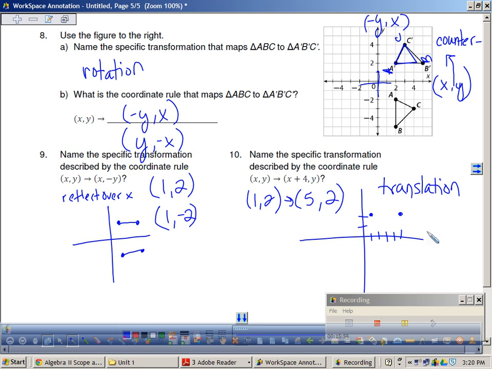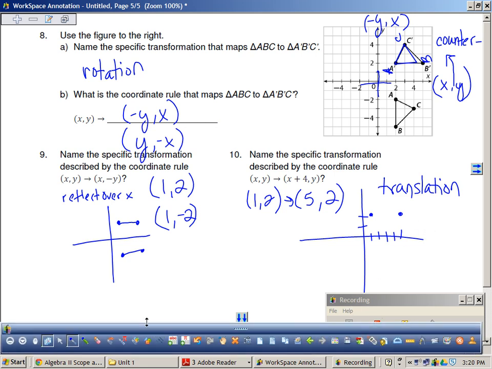I'm just going to do 4 points on the x-axis. No, increases by 4 on the x-axis. That's exactly what's going on, but you needed to write that the transformation is a translation.